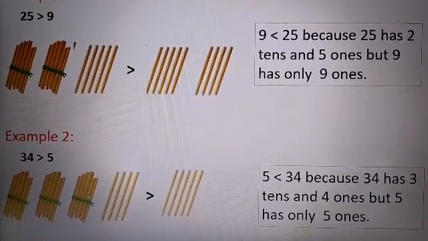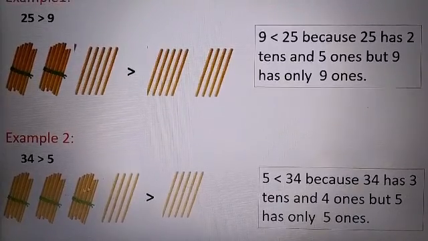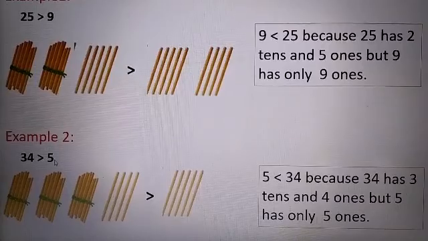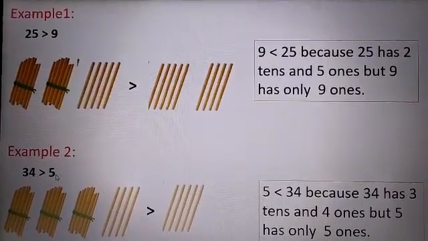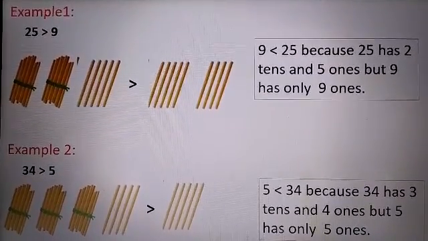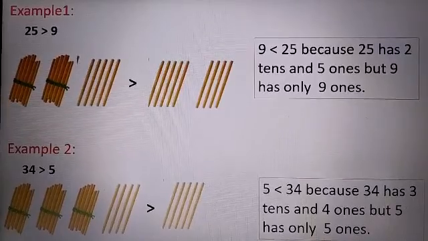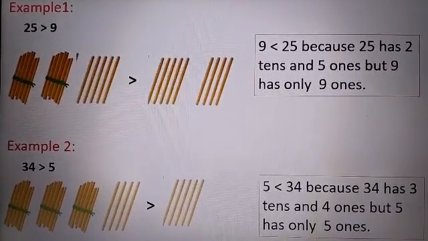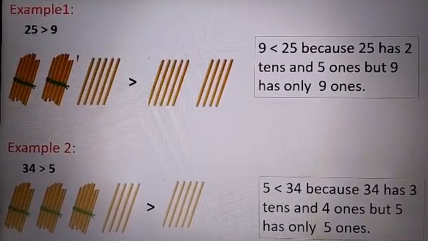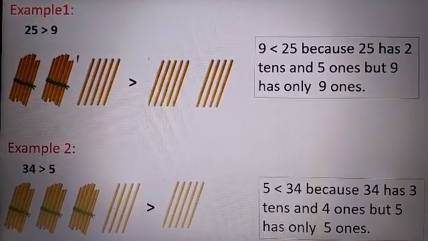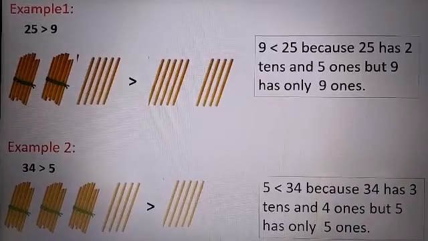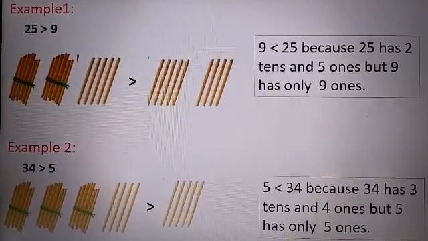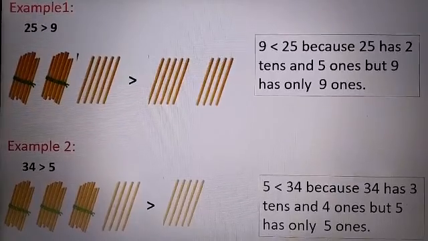So the number 34 is bigger than number 5. That is, a 2-digit number is greater than a 1-digit number. So kids, always remember while comparing, whenever you have a 2-digit number and a 1-digit number, the 2-digit number is always bigger. You have to show the open crocodile mouth towards the 2-digit number.